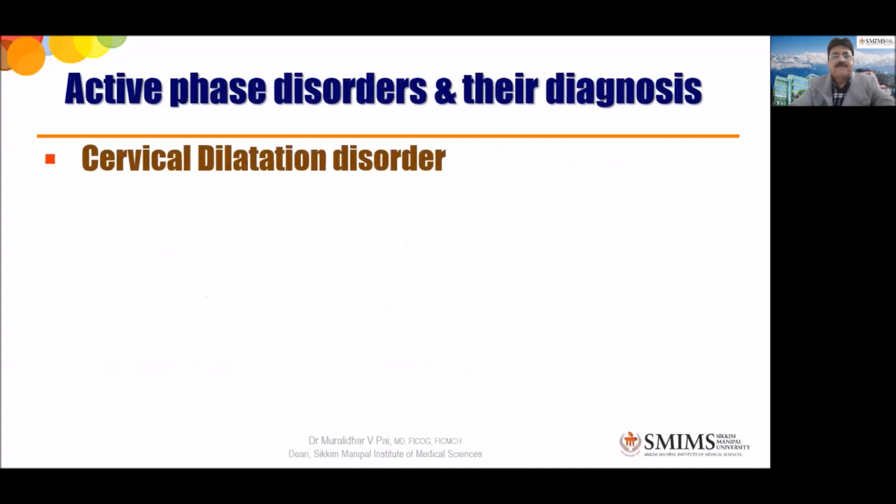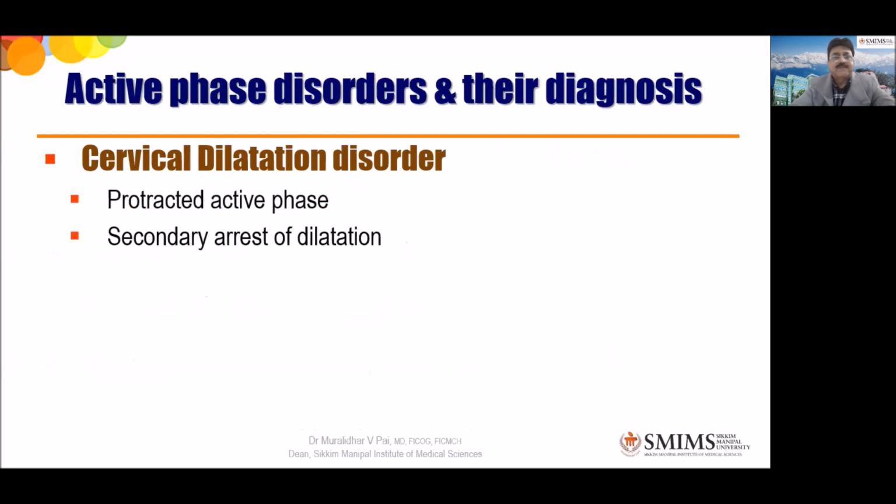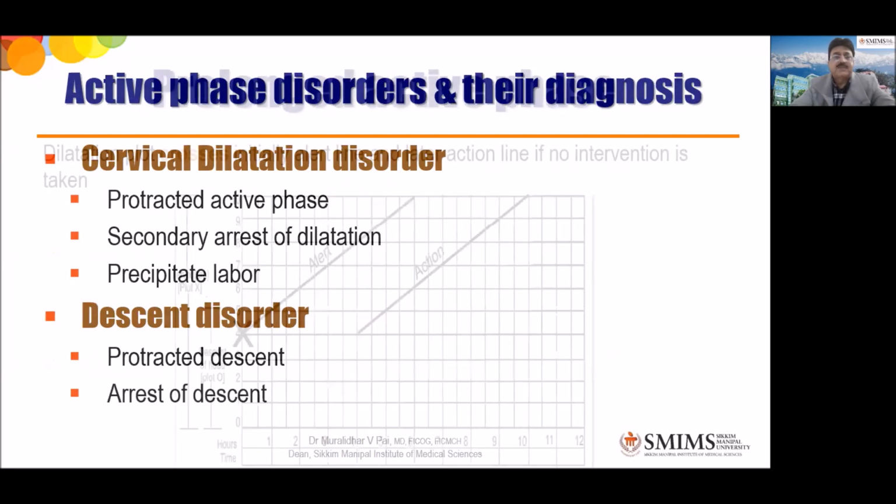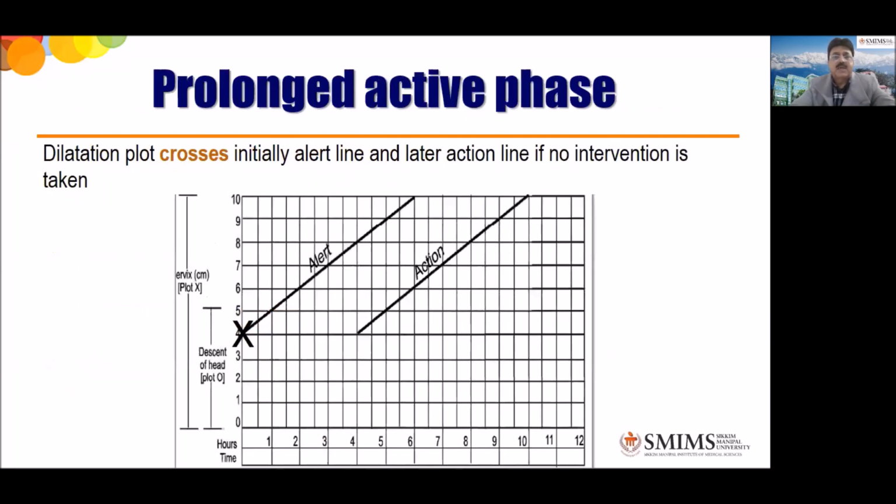So what are the active phase disorders? Cervical dilatation disorders include protracted active phase, secondary arrest of dilatation, or precipitate labor. As far as descent disorders, protracted descent, arrest of the descent. Let us look at this. Prolonged active phase means right from the beginning, it is slow and it is touching towards the action line.